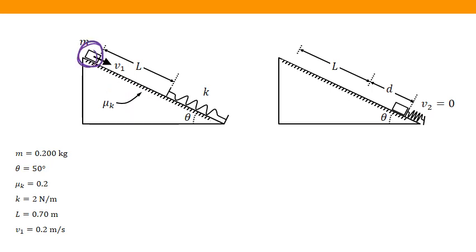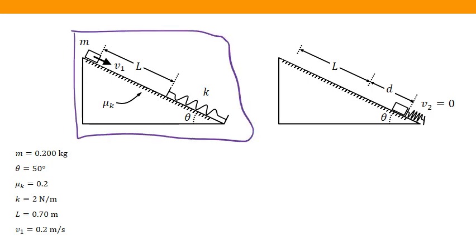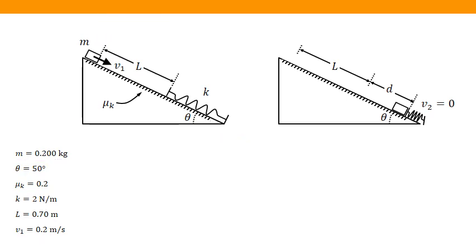I've got my block sitting up here at the top, and the distance between the block and my spring I called L. My block has some mass, and my spring has some spring constant, and it's not stretched or compressed. But at the start, the initial system that we want, the block is going to have some velocity. And you can see I've listed here the important details that were given in the problem statement.